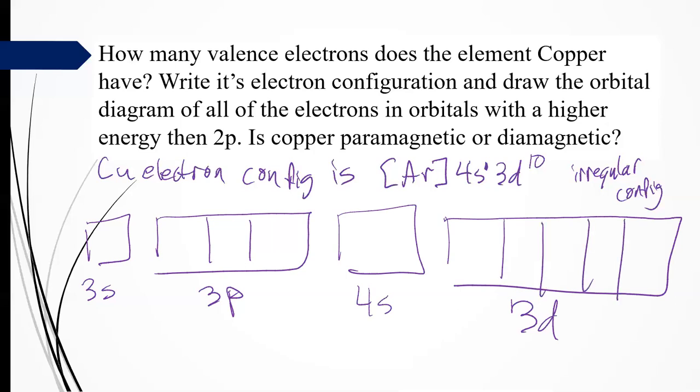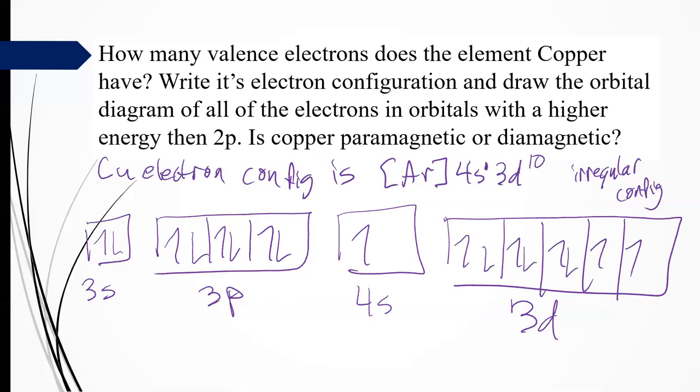Okay, and so now we need to put them in. So we should have 2 electrons in the 3s, 6 into the 3p, and then 1 into the 4s, and then we should have 10 in the 3d. And so copper has only 1 valence electron.